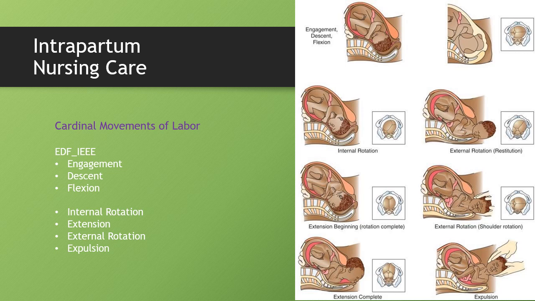During labor, the fetus typically goes through these similar cardinal movements of labor. So the passenger lines itself up, it becomes engaged with the pelvis, it's in this flexed position, and it descends down. So engagement, descent, and flexion all occur simultaneously.